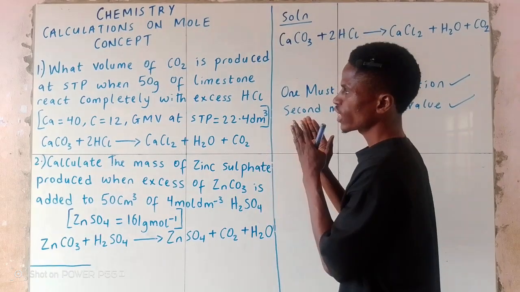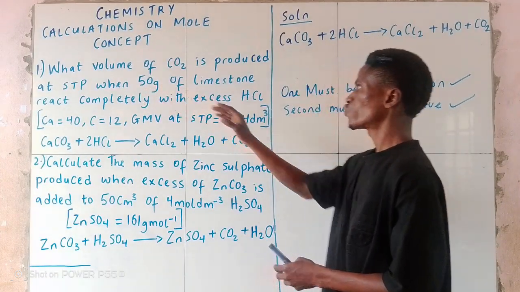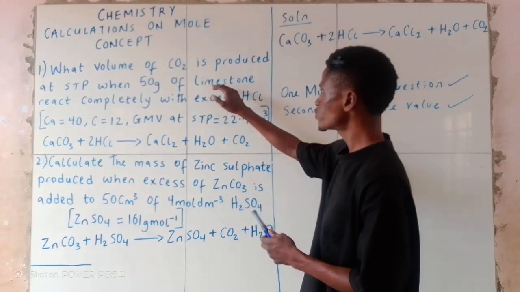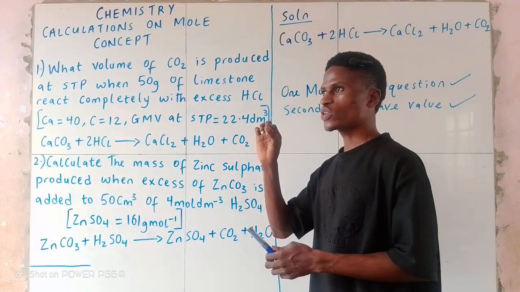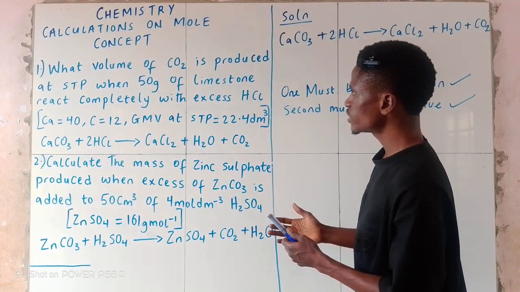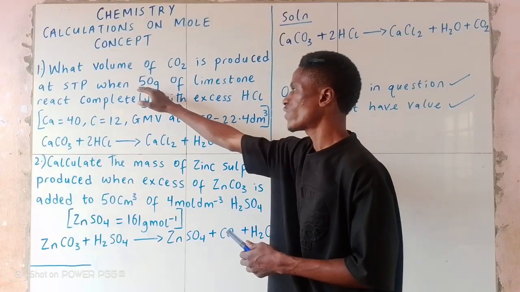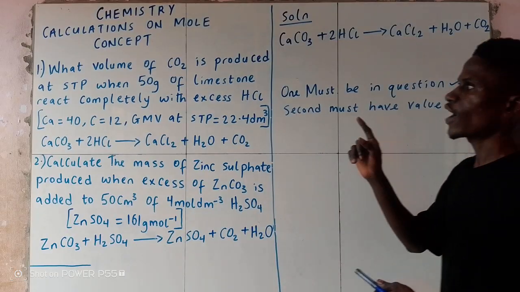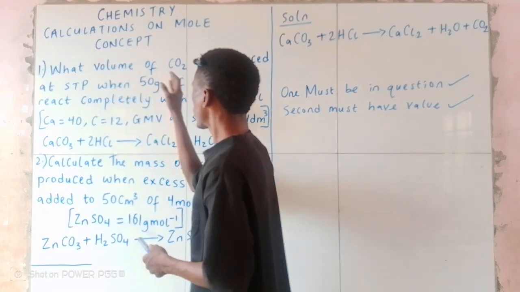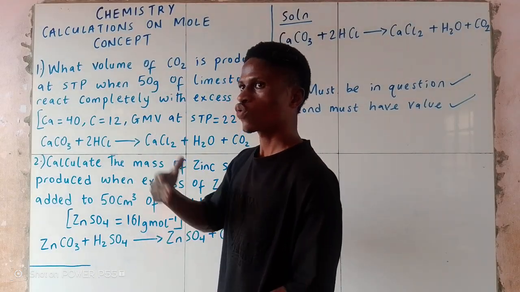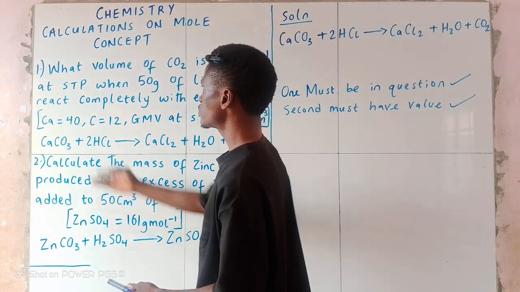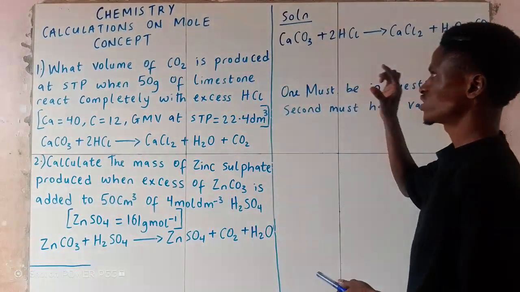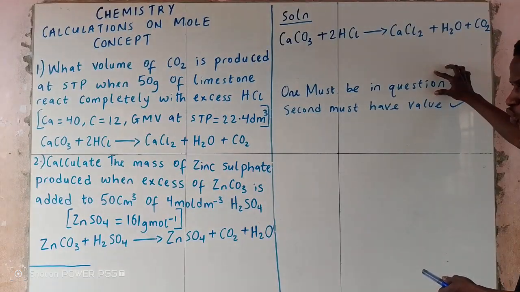As we can see, limestone has value, which satisfies this condition, and carbon dioxide is in question because we are saying what volume, which makes carbon dioxide satisfy the first condition.